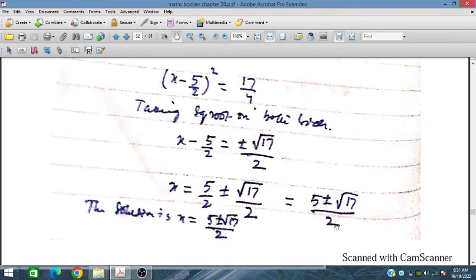We take the LCM, so write it like this: 5 plus minus under root 17 divided by 2. This is the solution. This is also a solution. We may leave the solution here.